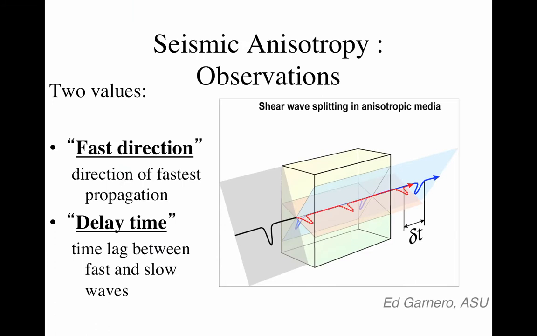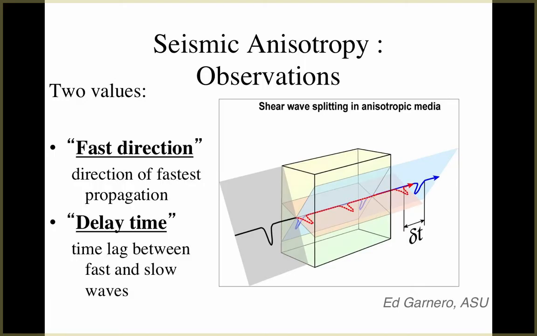As a seismic wave propagates through an anisotropic medium, it becomes split into two waves. A slow wave shown here and a fast wave shown here. As the wave emerges from that anisotropic medium, the fast wave will lead, the slow wave will lag, and we can measure a travel time, a degree of splitting of this waveform.